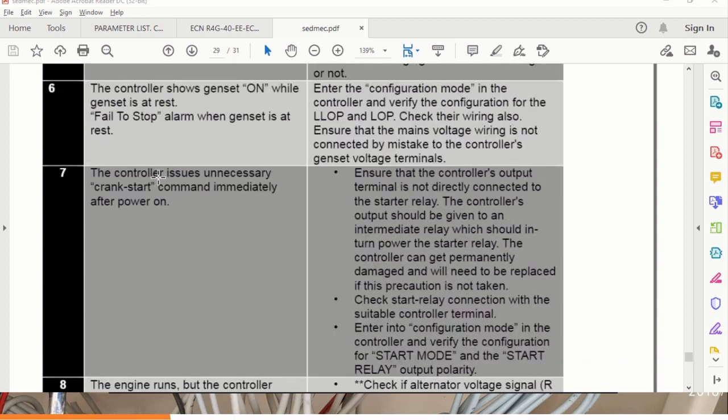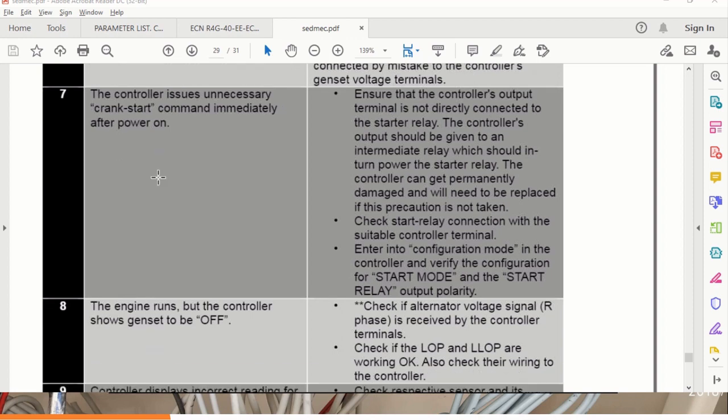Similarly, if a fail to start is coming, and there is an issue with the DG battery or starter, then along with the fail to start you will get an alarm called start failure or crank failure. But if the crank failure and start failure alarms are not there, that means the starting issue is not there.